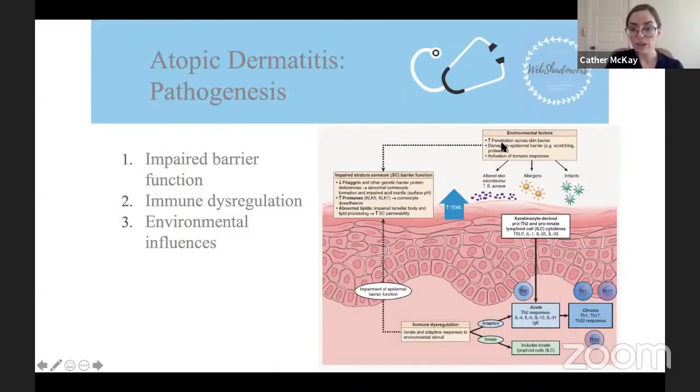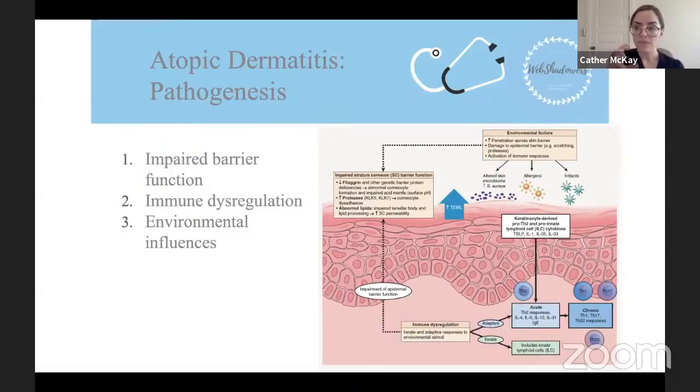Environmentally, you have increased penetration across the skin barrier, so irritants and allergens can get in more easily. They further activate the immune response and cause more inflammation. The skin microbiome is also important: you get changes, with more Staph aureus and less Staph epi.